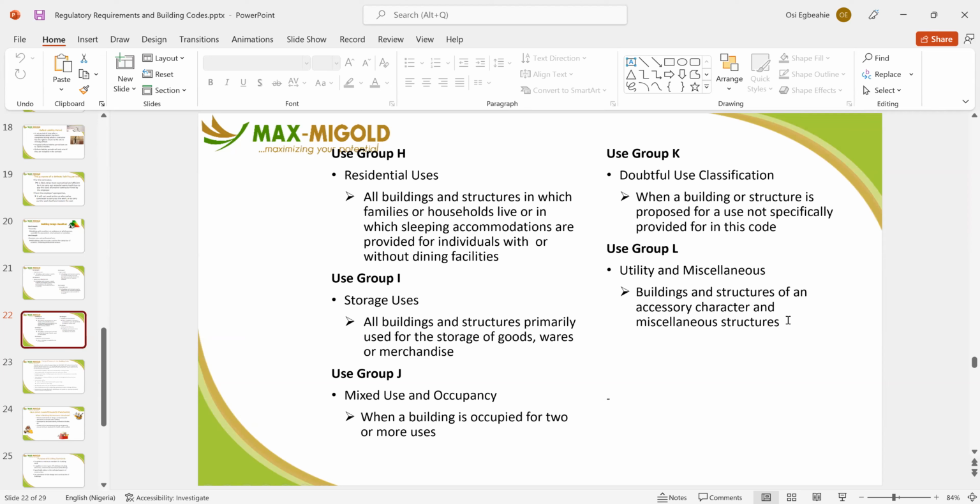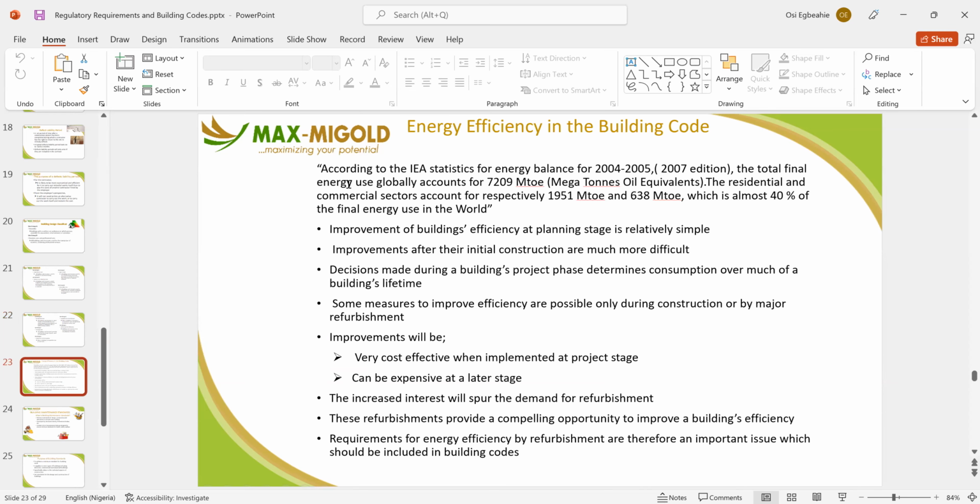They don't have any clear definition. They don't fall into all these groups, but they can be used for anything. It can be used for parking, it can be used for a store, it can be used for anything. That's where Group L comes in. These Groups K and L are not very popular, but you still have them scattered around.